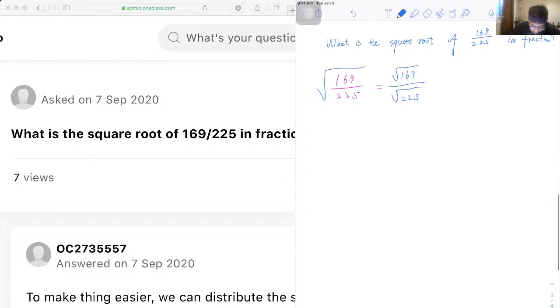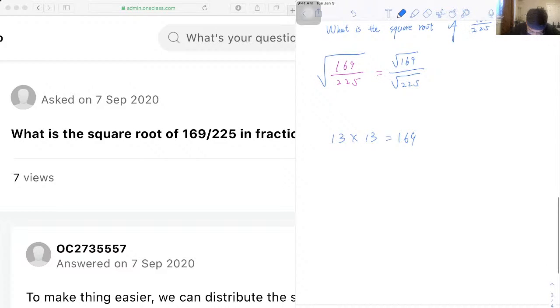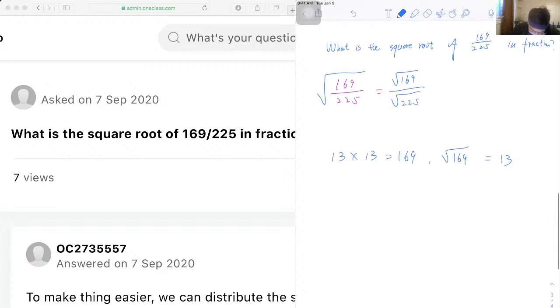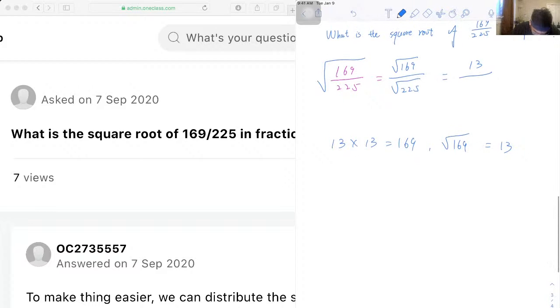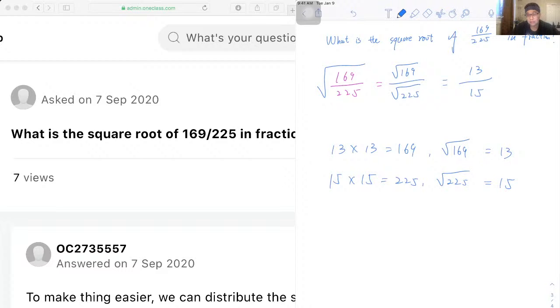Now we know that 13 times 13 is equal to 169, so the square root of 169 is going to be equal to 13. So we have 13 as the numerator, and we know that 15 times 15 is equal to 225. So the square root of 225 is going to be equal to 15. So we have 15 as our denominator, and that will give us our final answer.